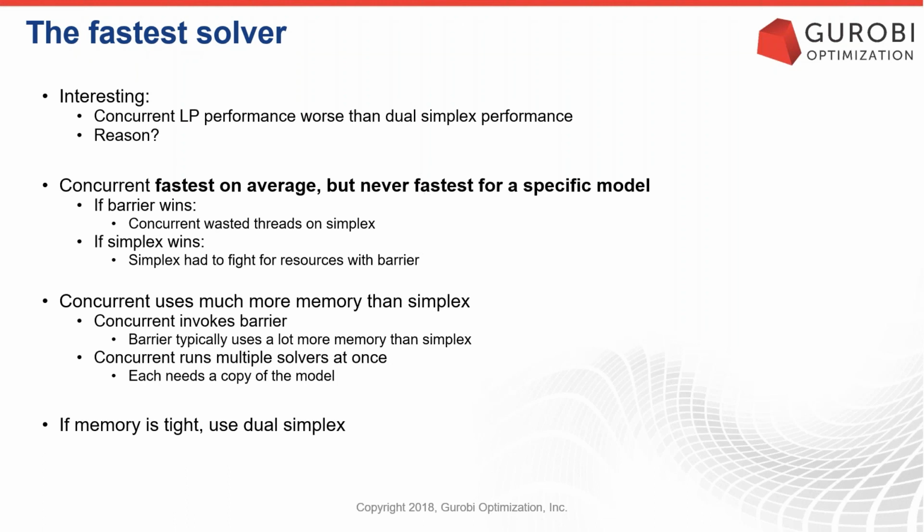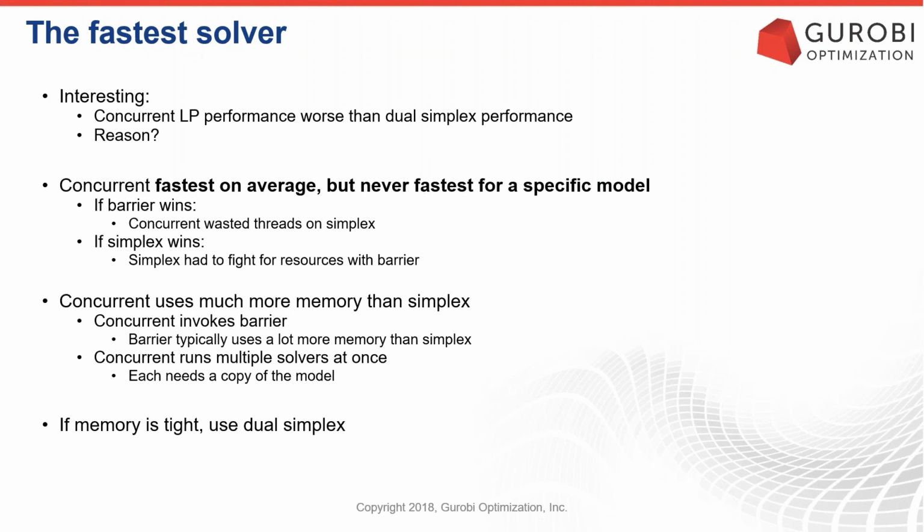If simplex wins, that means even though you were running barrier at the same time, simplex was still faster. Everything that barrier did, especially accessing memory, they were fighting for the same resources. It's also a matter of concurrency. So if simplex still wins, then simplex had to fight for resources, and that means it might be a good idea to switch to simplex all the time.